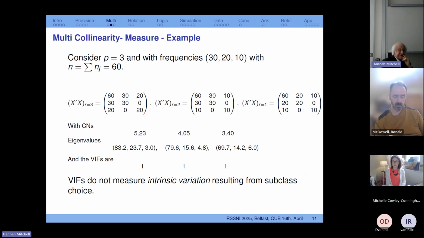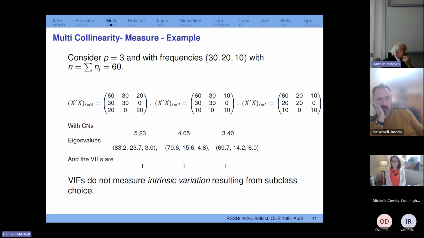Okay, so that's interesting. And we notice too that the VIFs, variance inflation factors, these are standard measures used in the literature all over the world to measure multicollinearity.